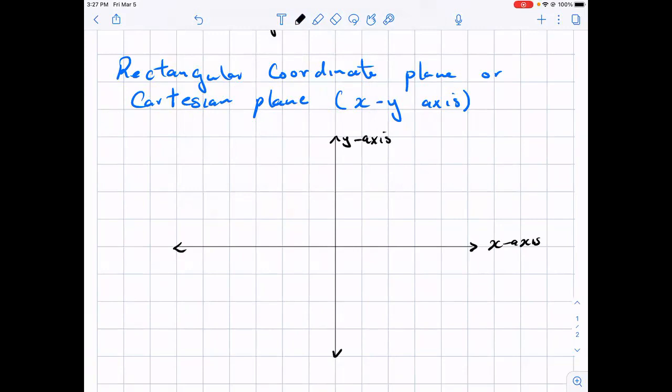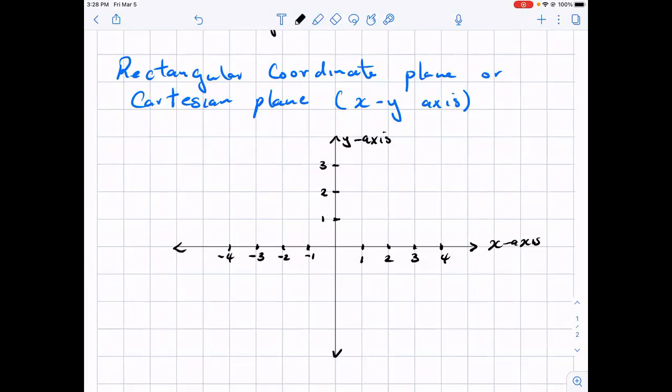And the horizontal number line, the horizontal line, which is the x-axis, has numbers. So we have 1, 2, 3, 4. On the left side, we have numbers also, -1, -2, -3, -4. And then we have positive numbers on the vertical line, which is the y-axis.